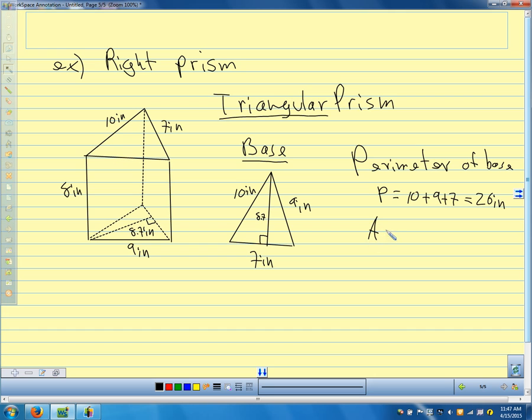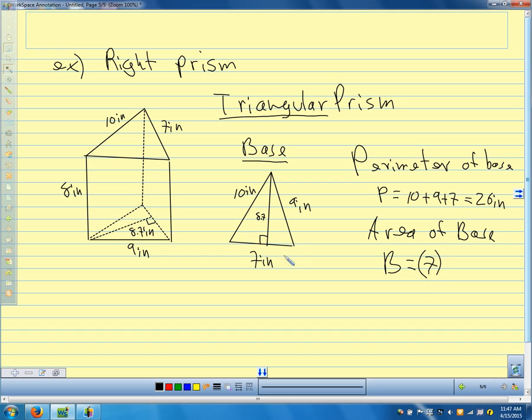Area of the base. B equals, how do we find the area of this triangle? Base times height divided by 2. So to find the area of the base, we have to use the base of the triangle. What's the base of the triangle? 7 inches.